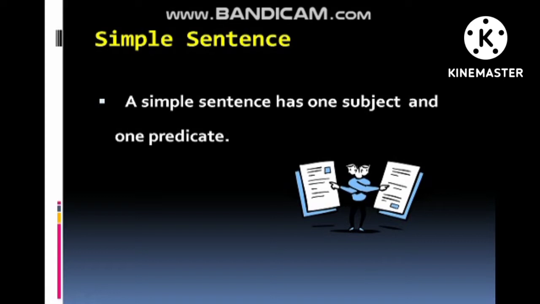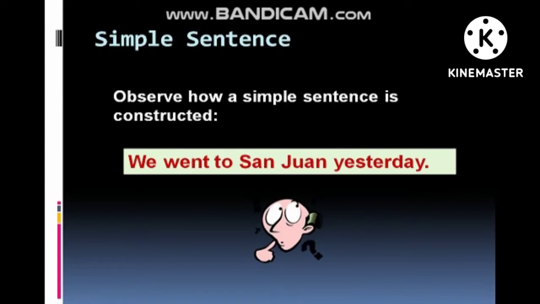Subject is the part which tells about the predicate, and another definition is that the subject is the doer of an action. A verb is a word which shows an action or a state of being. A simple sentence gives the complete thought, complete meaning and complete sense. It makes sense.